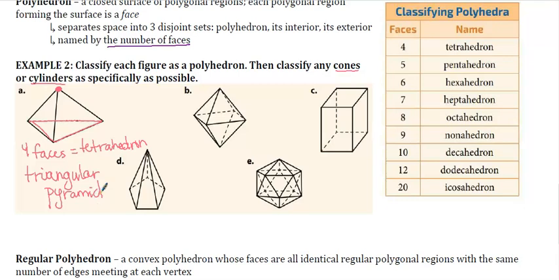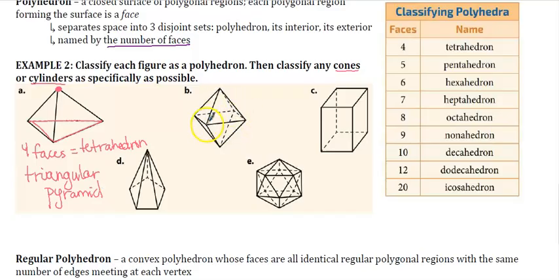So it's a tetrahedron or also a triangular pyramid. Because remember, the definition of a cone is just the union of the region and all of its segments with a boundary, but it comes to a vertex. All right, so let's look at B.